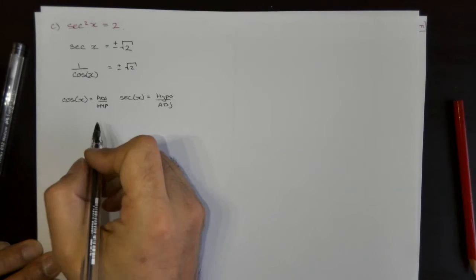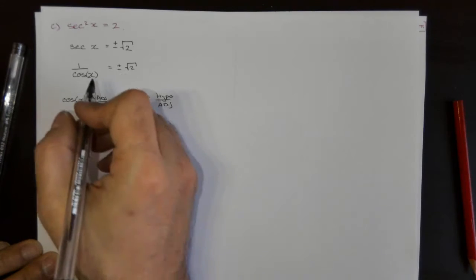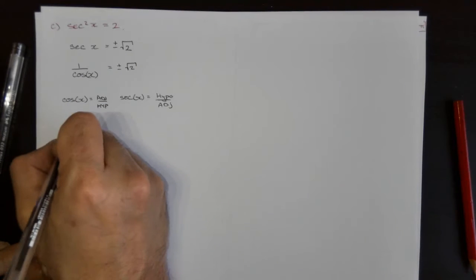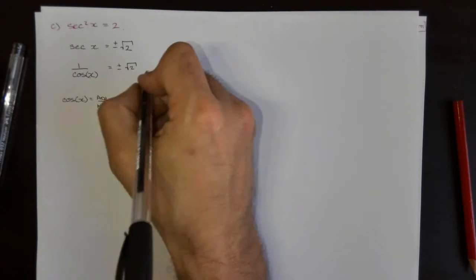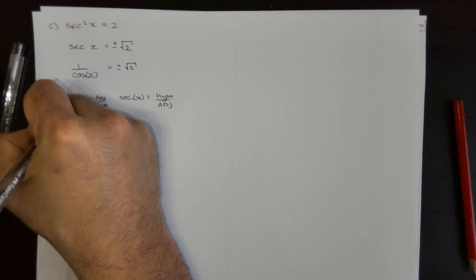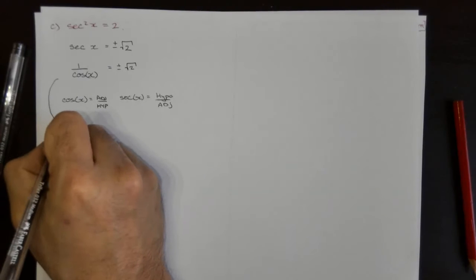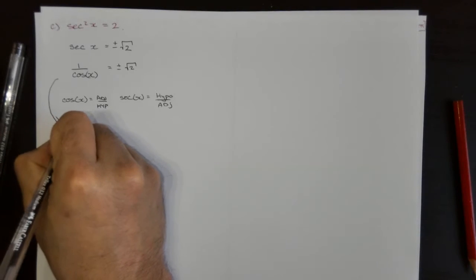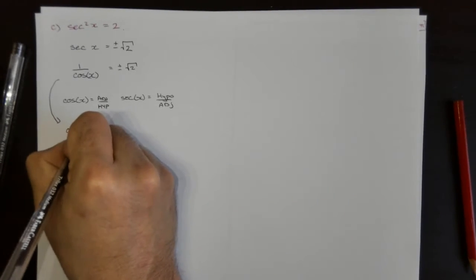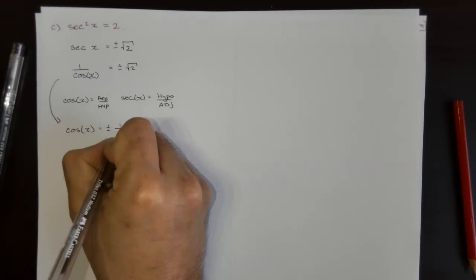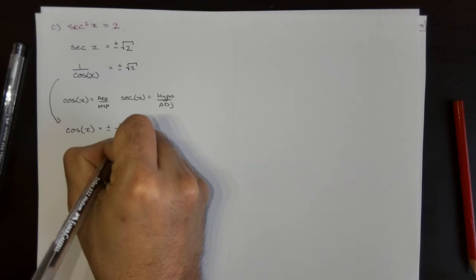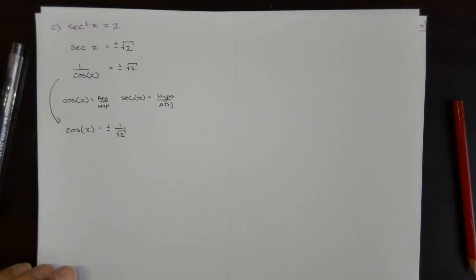Okay. So that means that we could write this as cos x is plus or minus 1 over root 2.